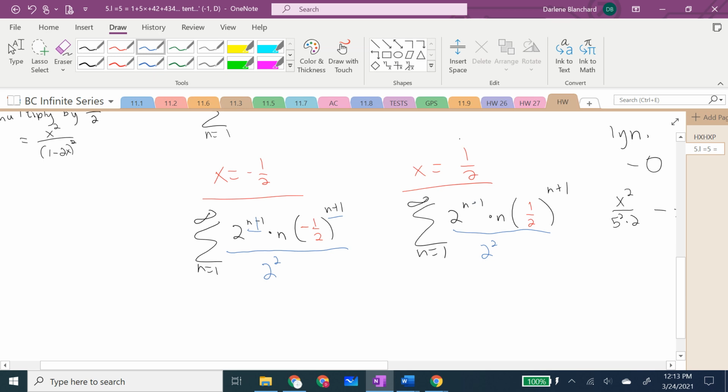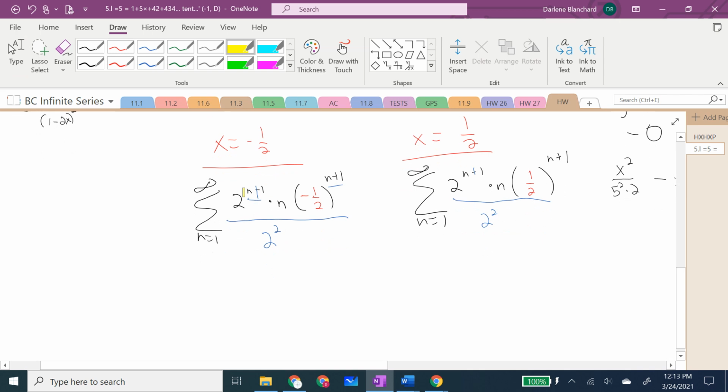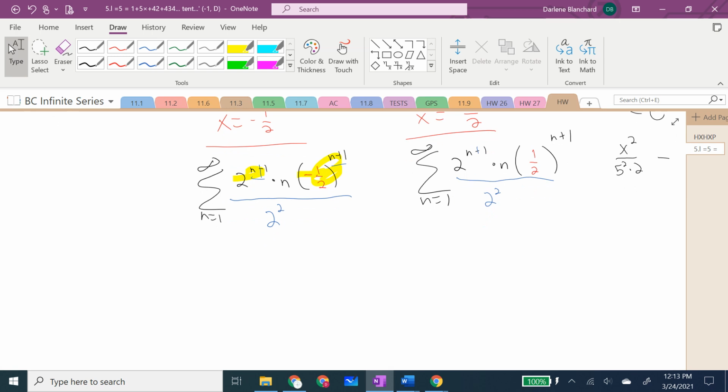Multiplying by 2 squared will add 2 to the n minus 1. Then when I combine these two, that will combine to make a -1 only to the n plus 1 power, and then 2 squared is 4.